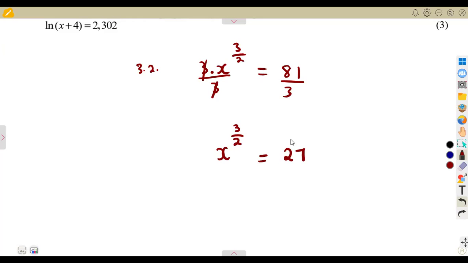Okay. So what we understand is that we are supposed to remove this exponent on this side. This is what you're going to do. You must remove this exponent so that you remain with x. And I said the reciprocal or the inverse of that exponent, 3 over 2. The reciprocal, you just interchange it, or just 1 over that number.